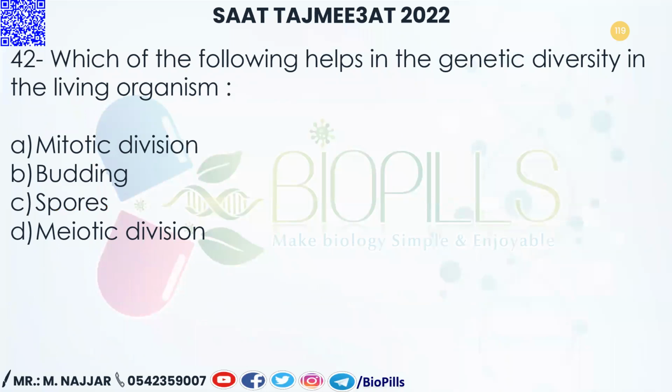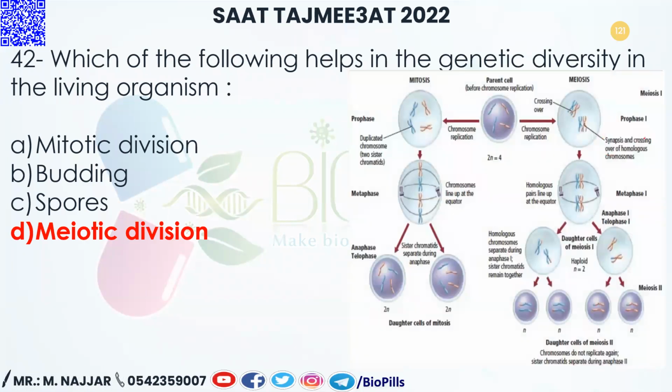Question number 42. Which of the following helps in genetic diversity in living organisms? A, mitotic division, B, budding, C, spores, D, meiotic divisions. What helps genetic diversity for sure is meiosis, the meiotic division, in which there is a crossover.